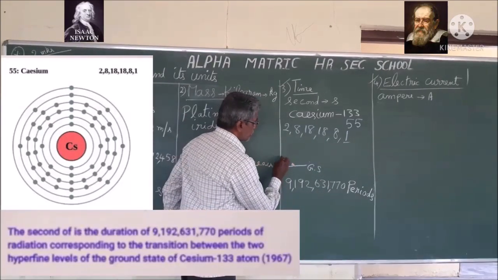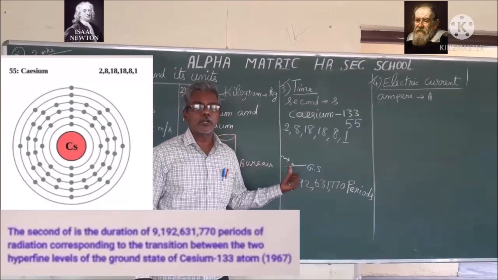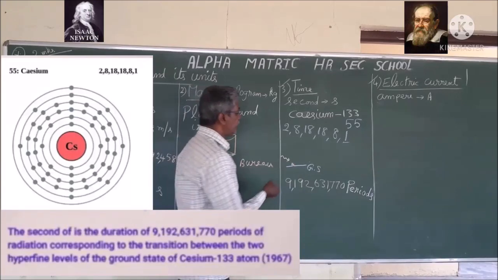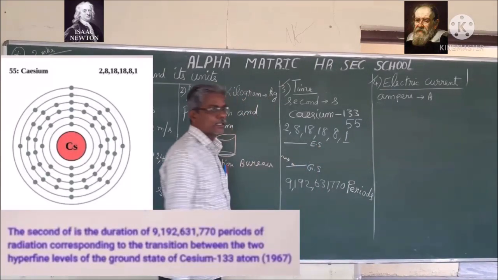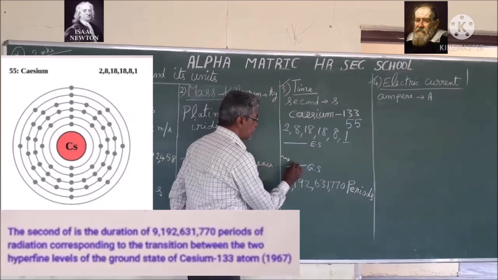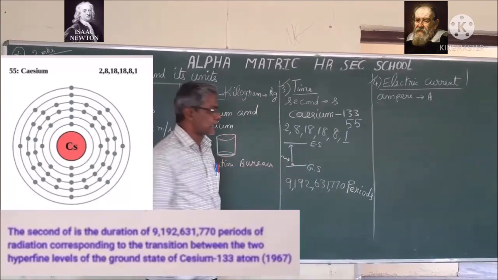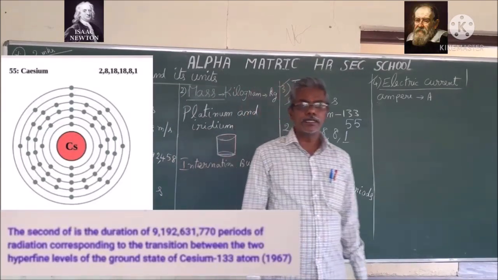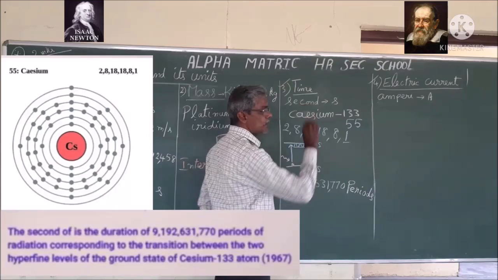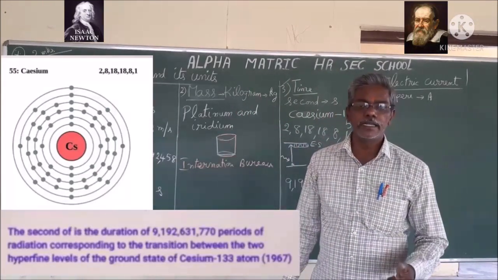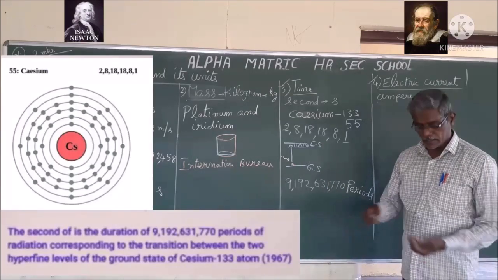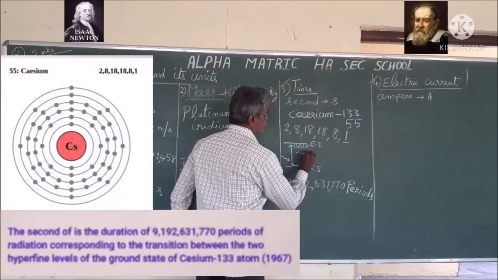Now a photon of energy h nu is absorbed by this electron and takes it to the excited state, where that electron will oscillate or vibrate in between two hyperfine levels, and then it will emit or produce radiation.